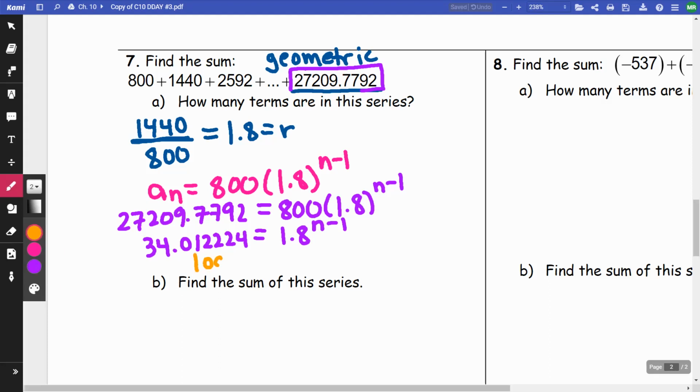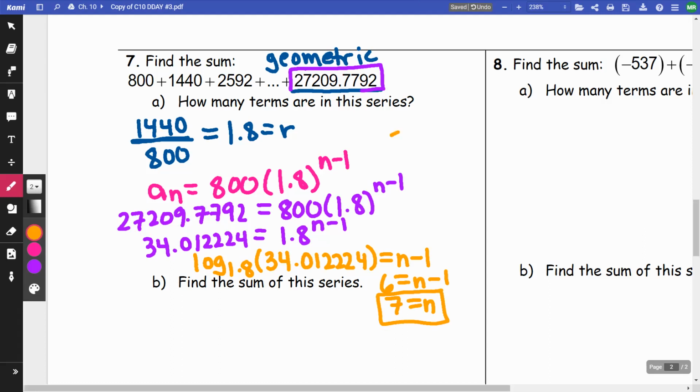So really, I'm going to do log base 1.8 of 34.012224 is equal to n minus 1. And when I do that in my calculator, I end up getting 6. So I get 6 is equal to n minus 1, which means when I add 1, my n is 7. So it is my 7th term. So in this case, there are 7 terms in this series that we're adding.